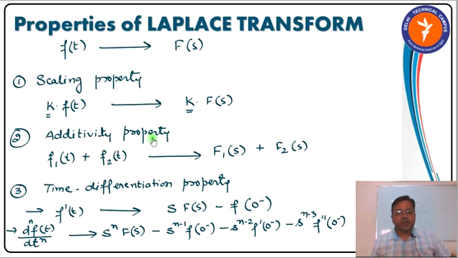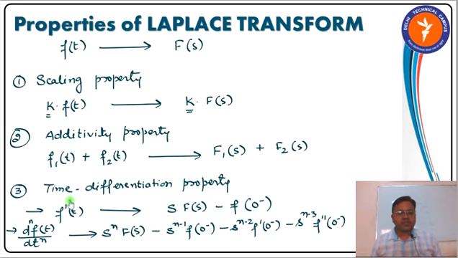The additivity property says that if we have two time domain functions, f1 of t and f2 of t, and we add them up, then the Laplace transform of the sum will be equal to the sum of the Laplace transforms of the two individual functions, F1 of s plus F2 of s.